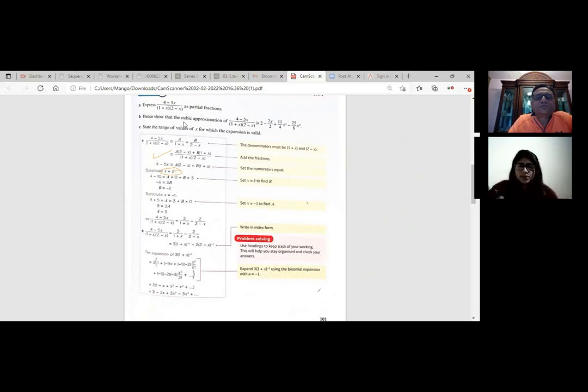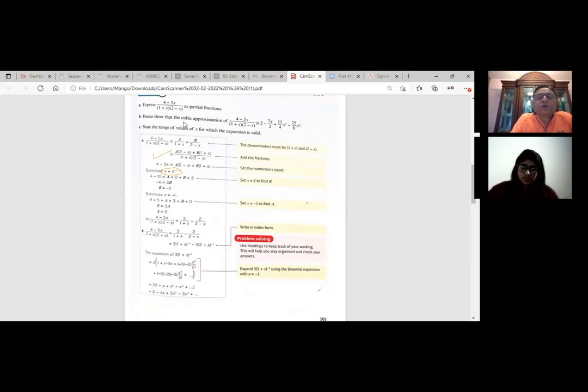Then we're substituting x equals 2 to cancel out the bracket that is multiplied by a, because 2 minus 2 is 0. So when you sub in 2 into the 4 minus 5x equation, you get 4 minus 10 equals 3b. And then you get 3b equals minus 6, and then b equals minus 2.